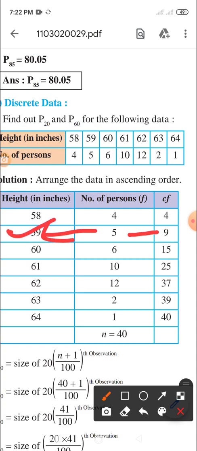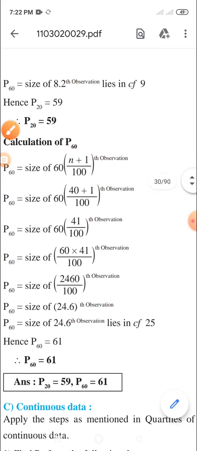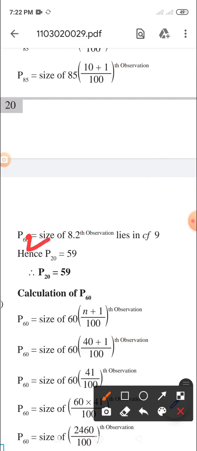That is 59. Here for P20, by mistake it is printed as 60. The size of the 8.2 observation lies in CF 9, so P20 is equal to 59.